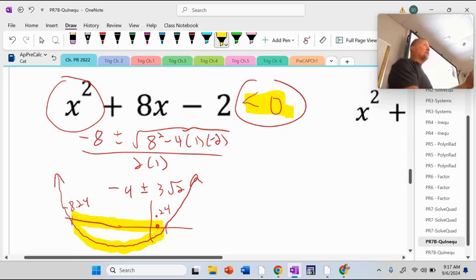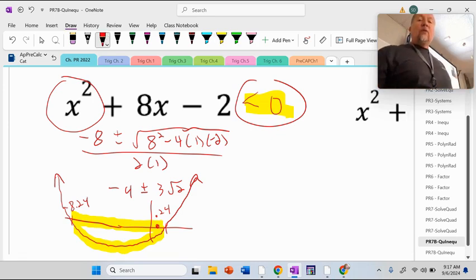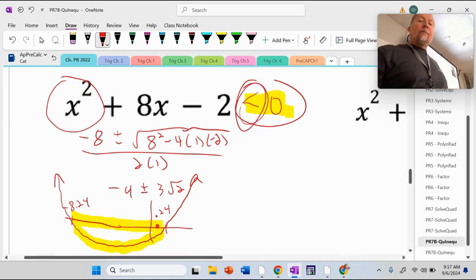Those are the answers. So you could write this in one of two ways. By the way, bracket or parenthesis? Parenthesis. So it's -8.24 to 0.24.